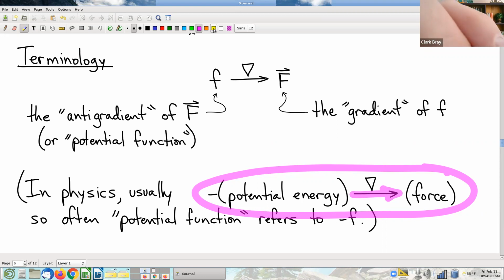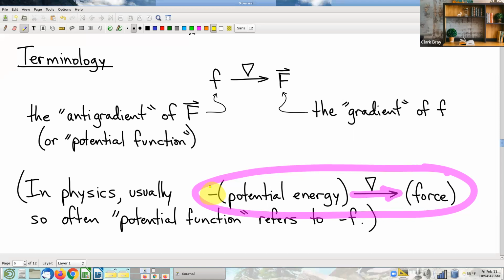The problem, well, one of the problems with this terminology though, is that there is a minus sign. And in fact, if you write down the formula, potential energy goes up as you go up. So the function is increasing as you go higher. So the gradient is actually upward, right?